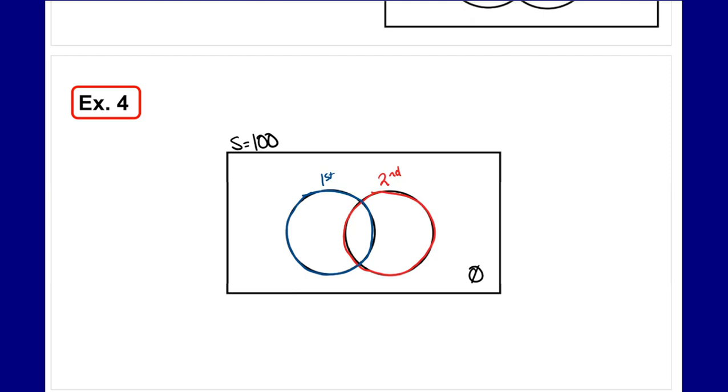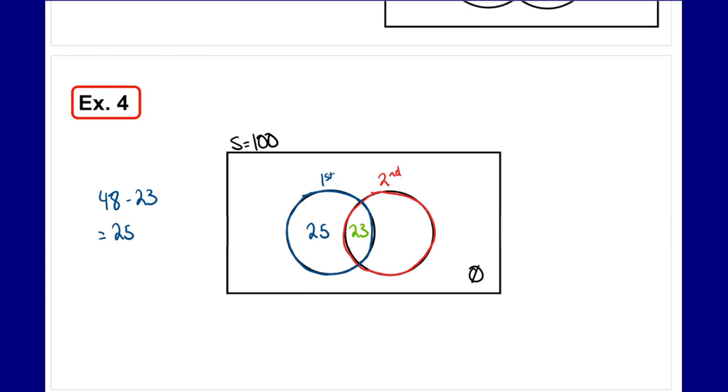So two parts. So where can we start? Well, we know that 48 students went to the first dance in total. We know that 23 went to both, so the overlap was 23. So if I do 48 minus 23, that gives me 25. So 25 students only went to the first dance.